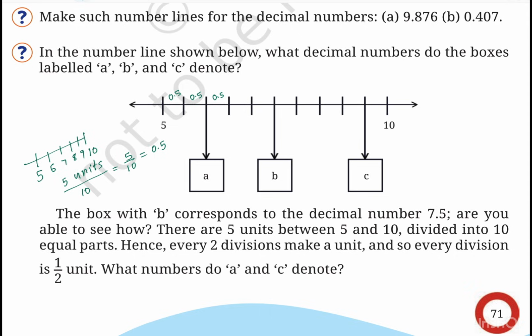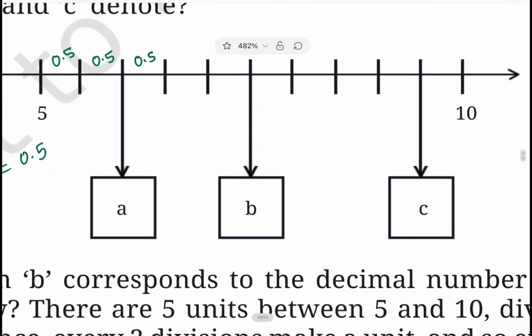Adding 0.5 to the previous number, we get the next number. So 5 plus 0.5 is equal to 5.5. That is the next unit, 5.5.